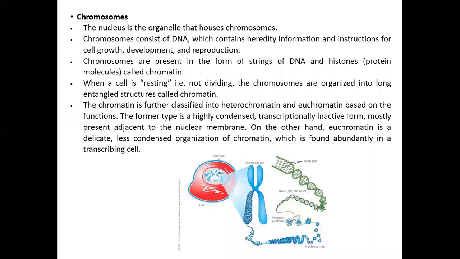Heterochromatin is a transcriptionally inactive form, where you cannot find transcription, and it is mostly present adjacent to the nuclear membrane. Euchromatin is delicate, less condensed, and lightly stained, and majorly you can see the transcription phase.